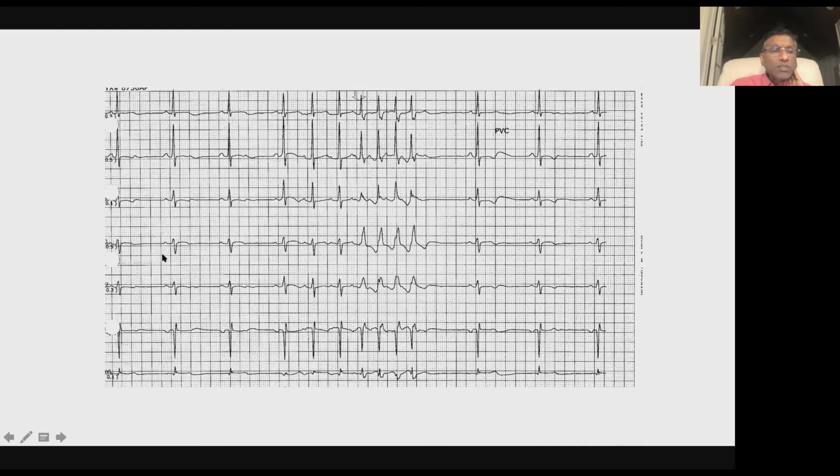Let's call this one V1, and this may be aVR down here, and it's kind of smushed. So just look at V1 and give me some comments on this. The same person can take this one as well.